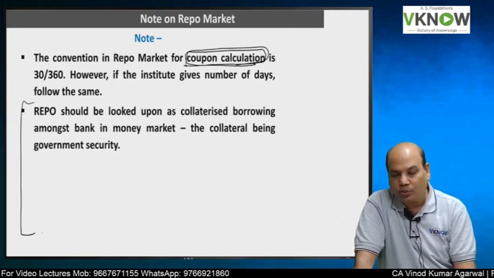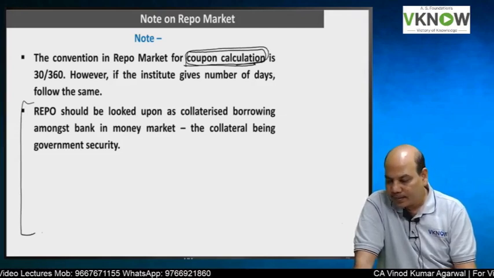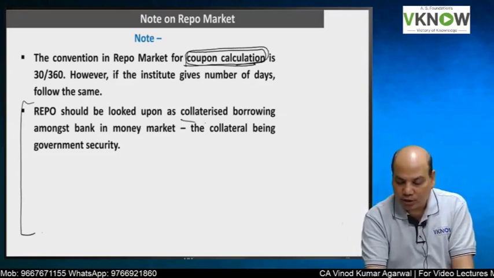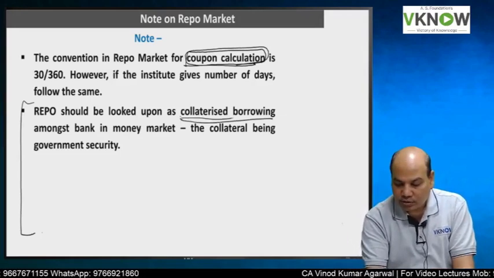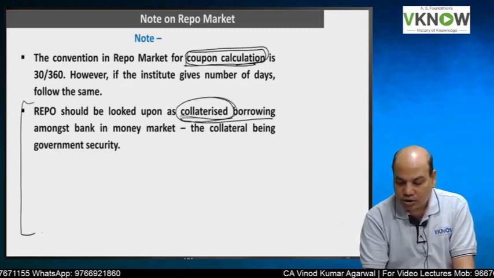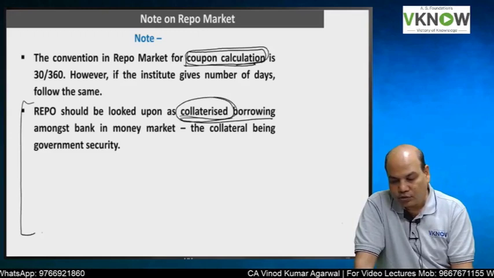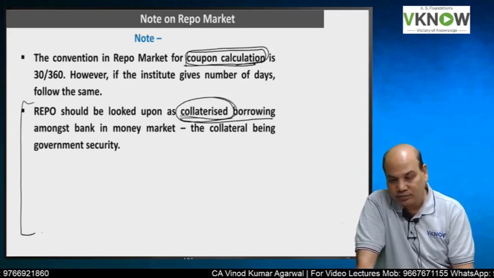Repo should be looked upon as collateralized borrowing. It's a form of borrowing by giving government security as a collateral, as collateralized borrowing amongst banks in the money market.